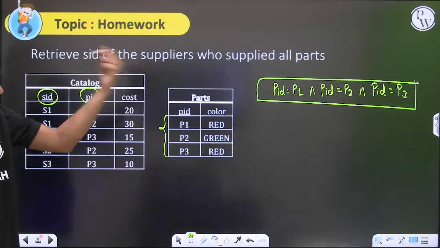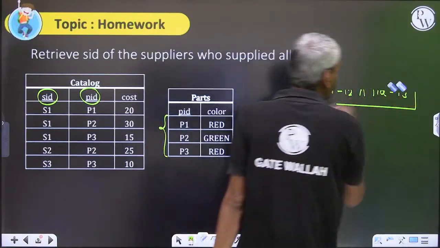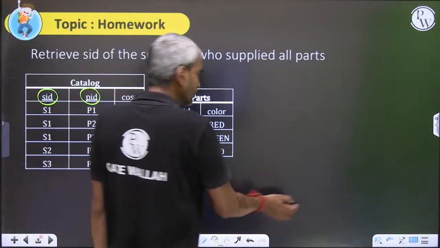So in order to apply this condition, the very first thing that you will have to do is what? Let's think of different solutions.